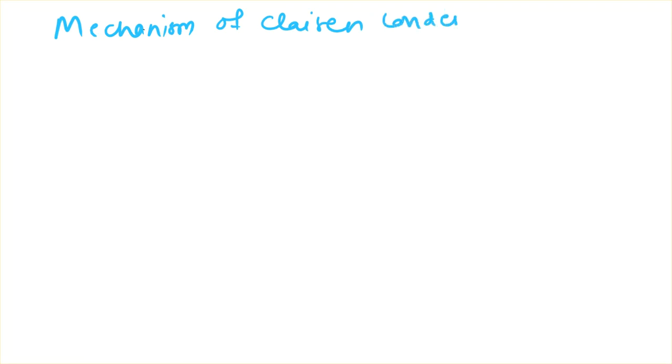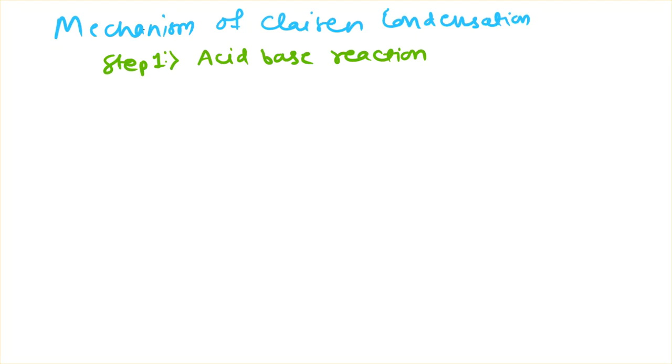In the mechanism of Claisen condensation, three steps occur. In step 1, an acid-base reaction takes place.